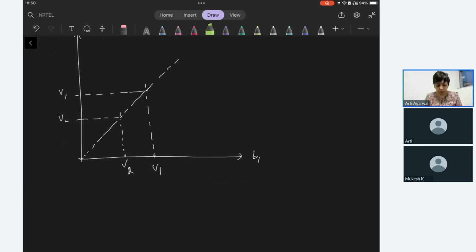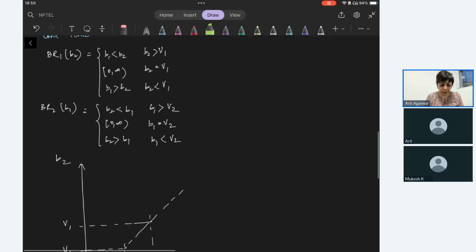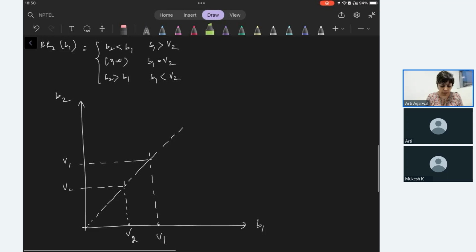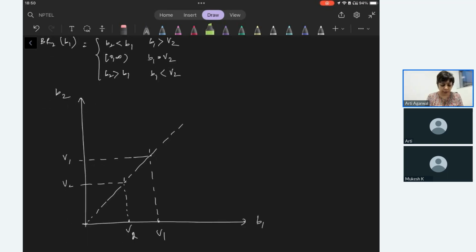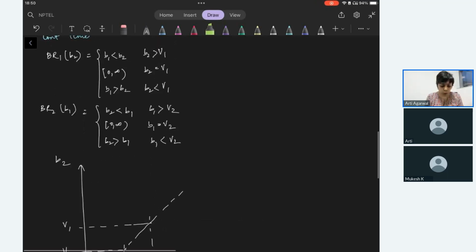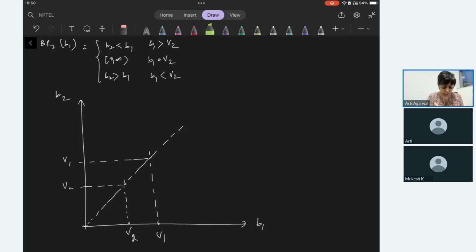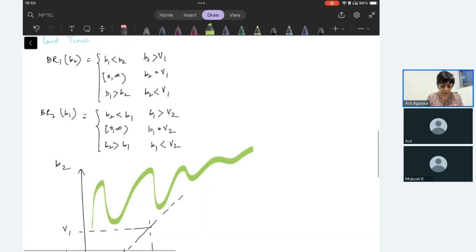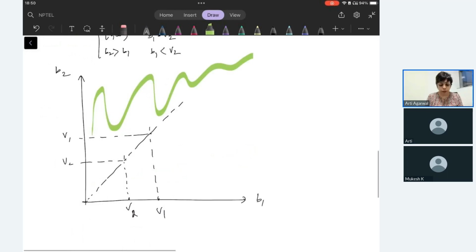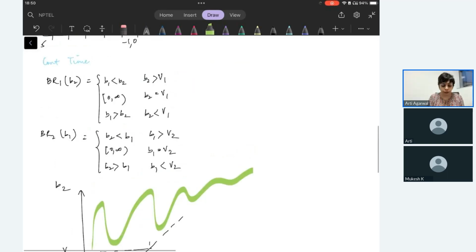Okay, so now let's see. This is straightforward from here. Best response of 1, meaning the first guy, as a function of 2. What he is going to do will be decided based on the value of B2. If B2 is greater than V1, in which region? This region. If B2 is greater than V1, then player 1 decides to play less than B2.